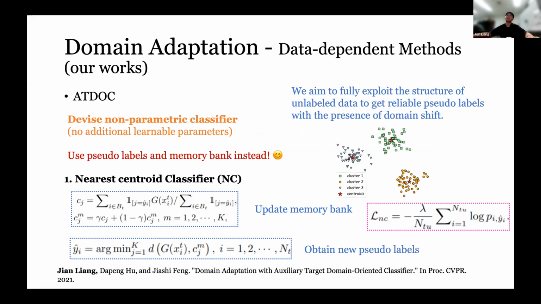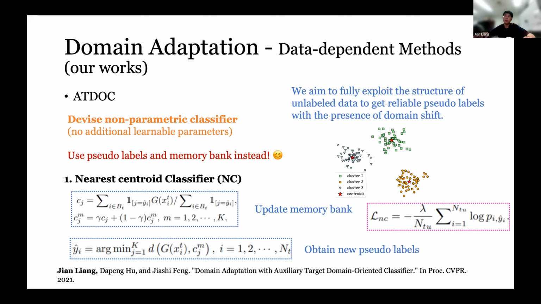Based on this pseudo labeling framework, we introduce two different non-parametric classifiers to generate reliable pseudo labels. The first one uses the nearest centroid classifier. First we create a memory bank.